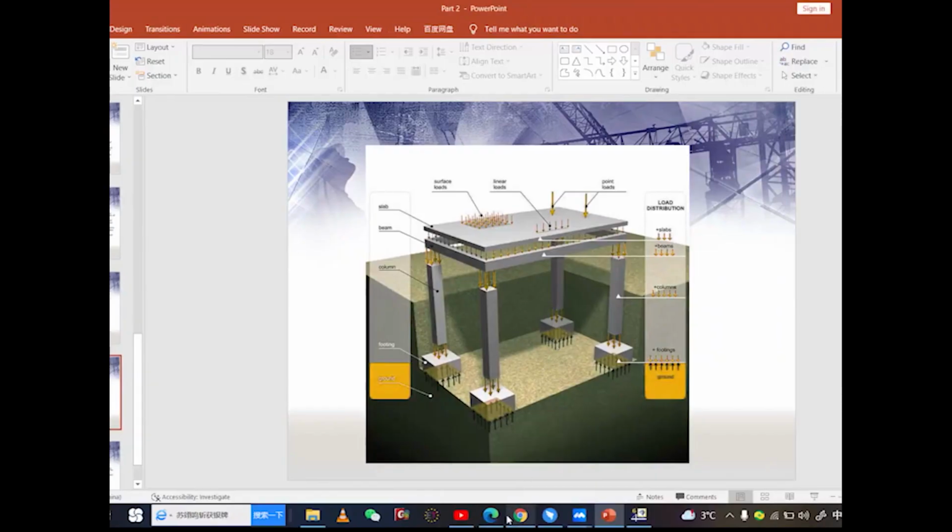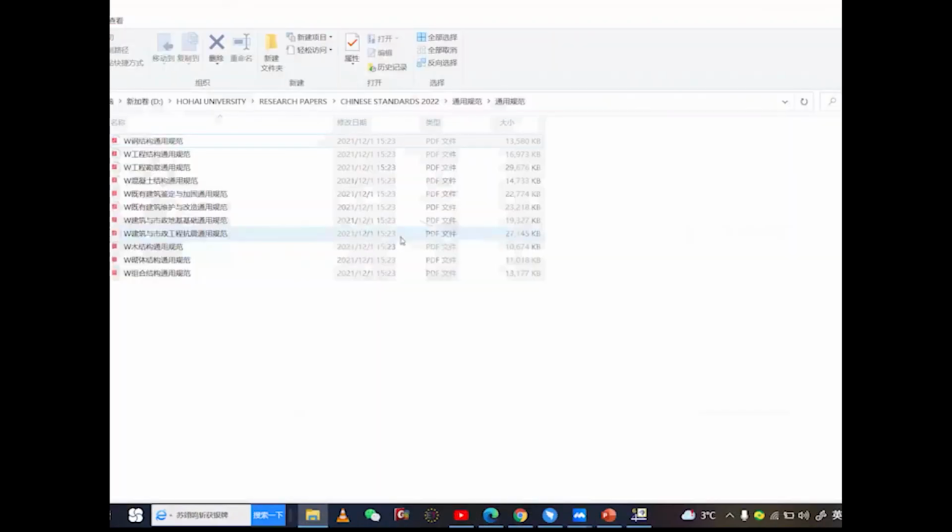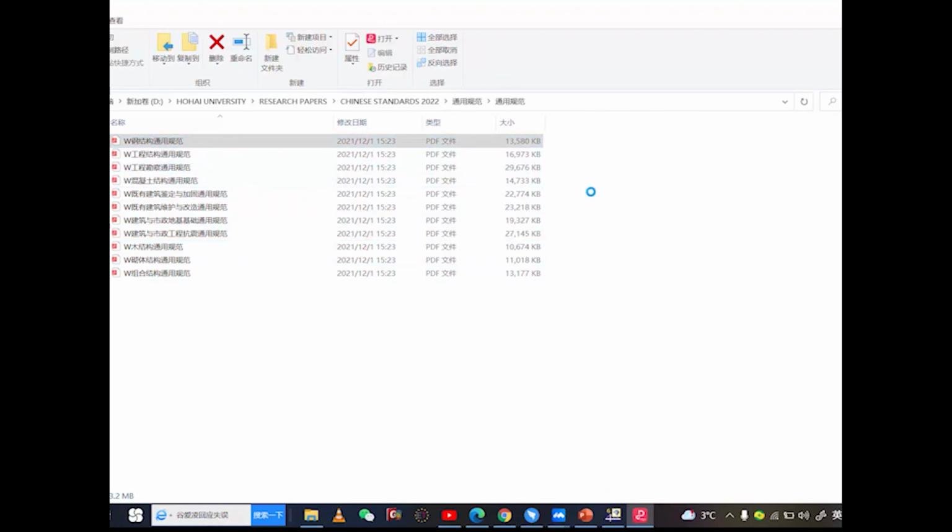But before I close, I can also bring some of the recently published standard Chinese codes. For instance, here, they're in Chinese. This one is for steel structure. I can open it and show you.